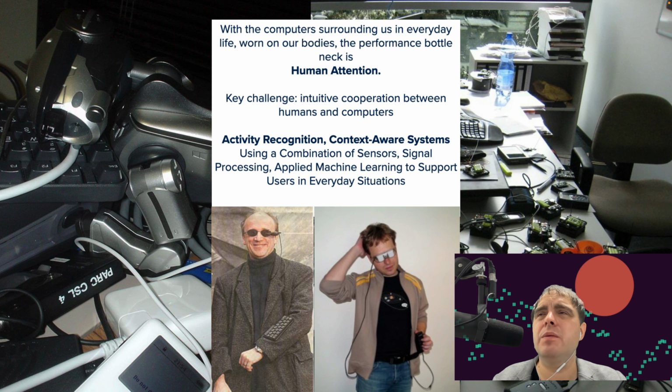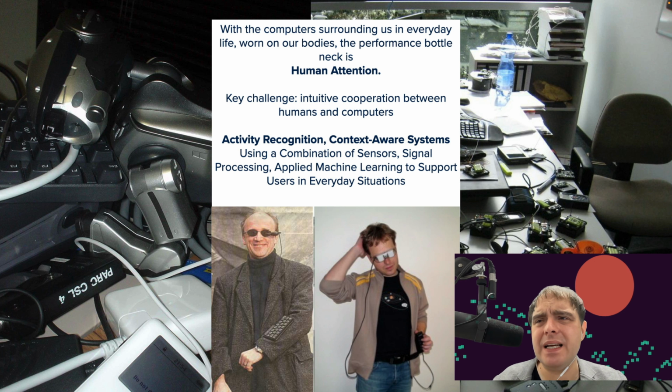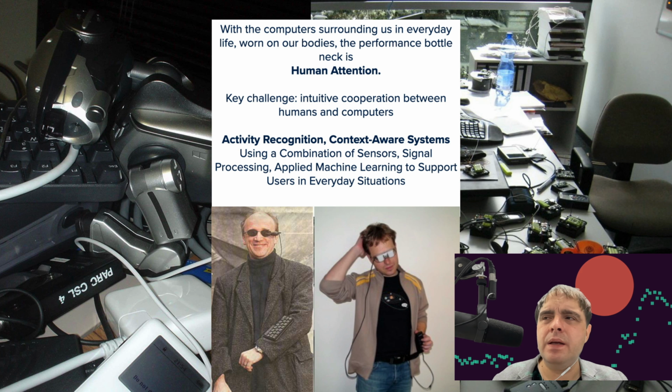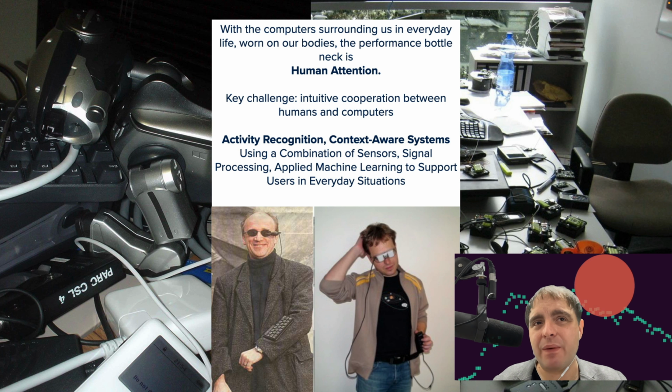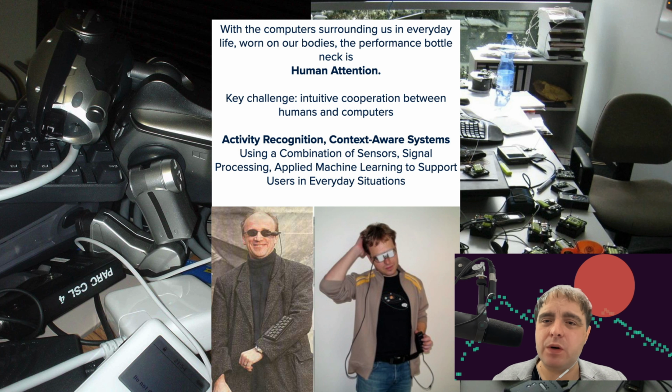Still, this is the idea that computing surrounds you and is close to you. Then if you think about it, the limiting factors, the bottlenecks, are no longer CPU speed, RAM, hard disk space, GPU, or other characteristics of the computing.